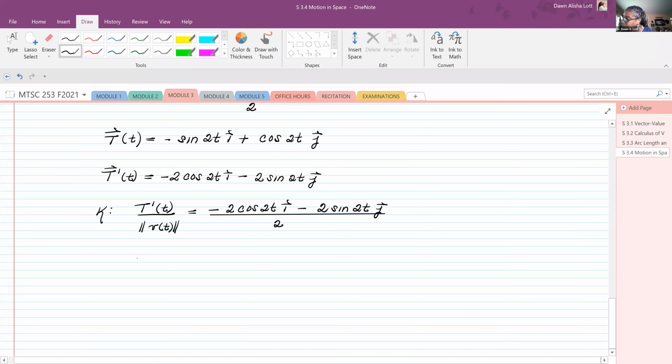Therefore, T prime of t divided by the length of v simply comes out to be negative cosine of 2t i minus sine of 2t j. And kappa is the length of that thing.